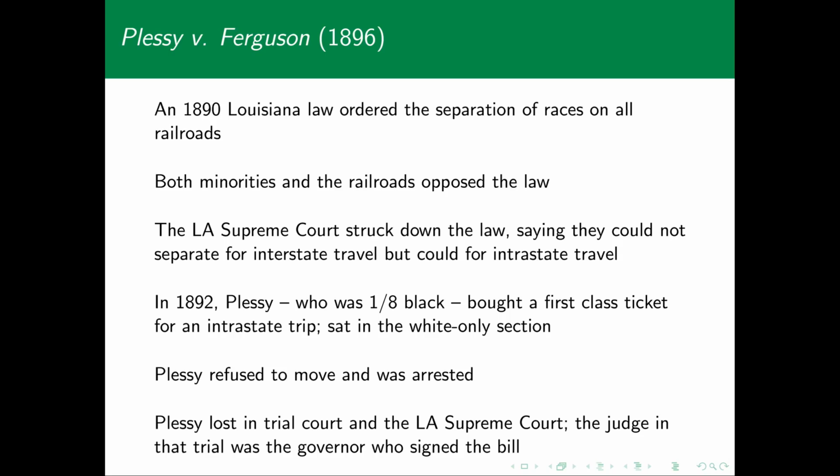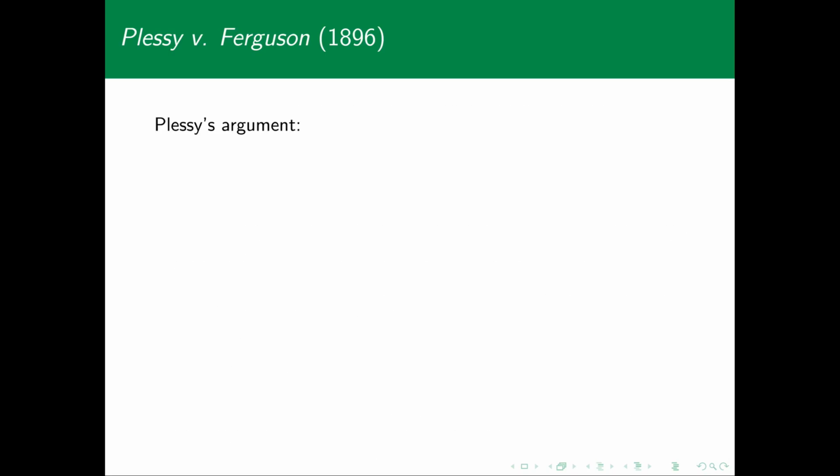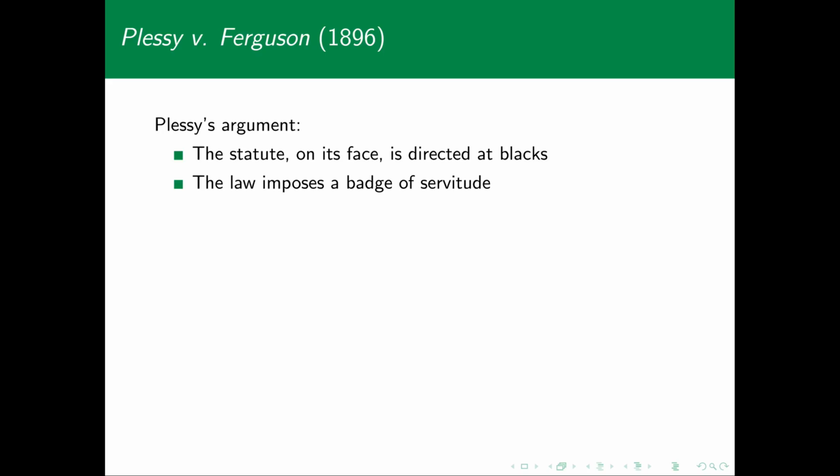So Plessy's argument here is that the statute is directed exclusively at blacks, right? It was sort of discriminating on race, but at the time we're really only talking about blacks and whites. And the Plessy attorneys say this law imposes a badge of servitude. So even though this isn't enslavement, it's basically sort of the mark thereof.